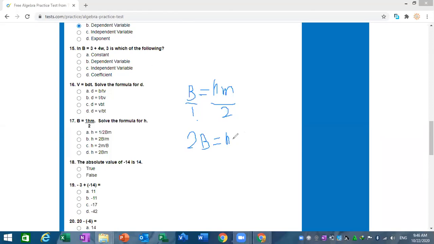This is m. We are looking for h. So we have to remove m. Now we will cancel m with m. So by the end, the answer will be h equals 2P over m. Okay, this is in case you want to work step by step.